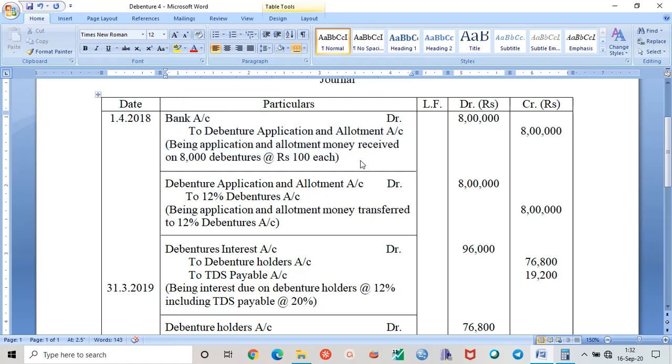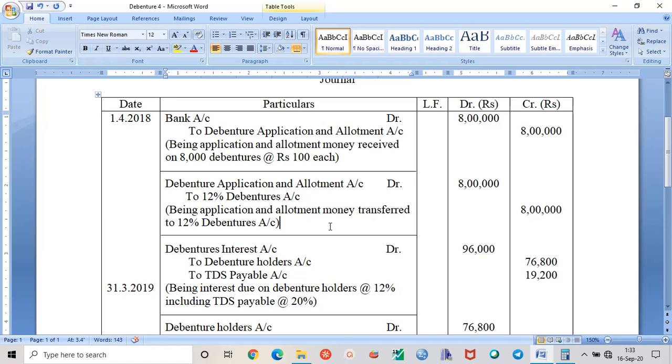We have already discussed that when we receive the entire money at the time of application, it will be written as application and allotment account, be it debenture or shares. Now when we transfer this money to 12% debentures account, it will be like this: debenture application and allotment account debit, to 12% debentures account.